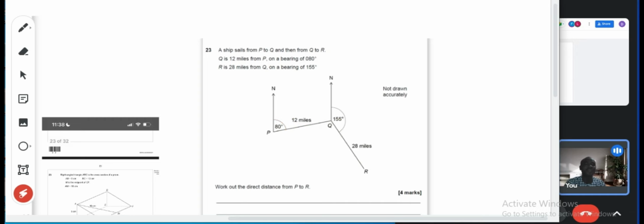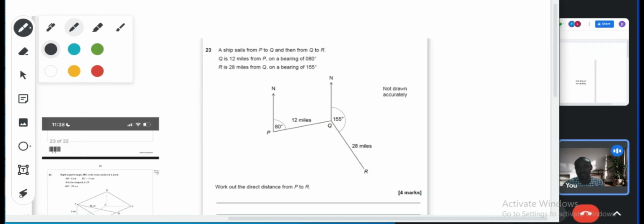How can you even do this? Can you sketch it, assuming it wasn't sketched? Yeah. Sometimes this might not be sketched. You can sketch it by yourself. This is what I want to do.